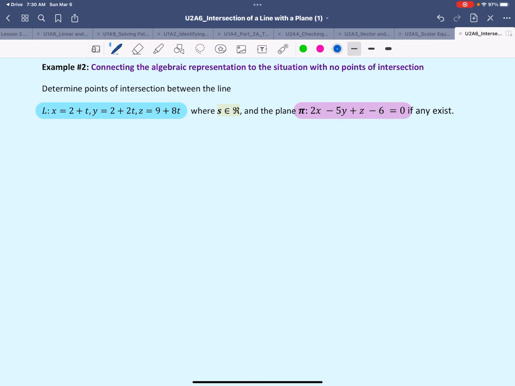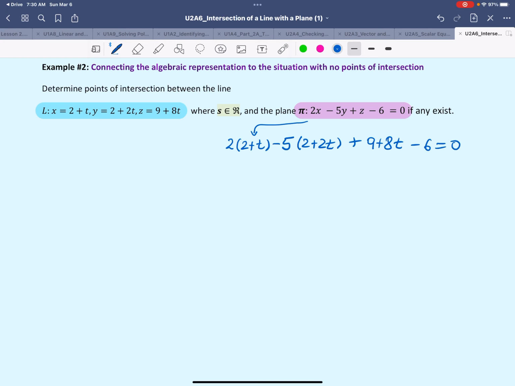So for x, we're going to have 2 times, so x is 2 plus t, minus 5, and then we have to substitute the y coordinate this time, 2 plus 2t, plus z, 9 plus 8t, and then minus 6 equals 0.